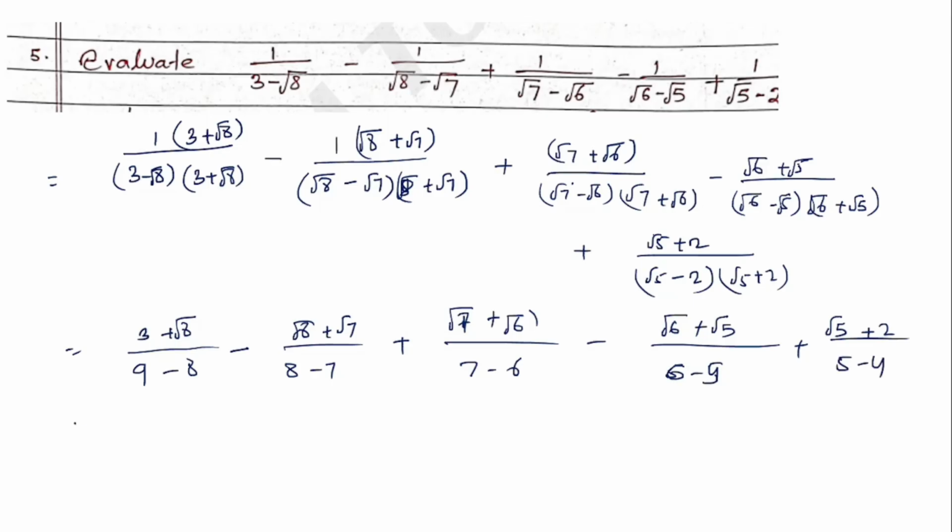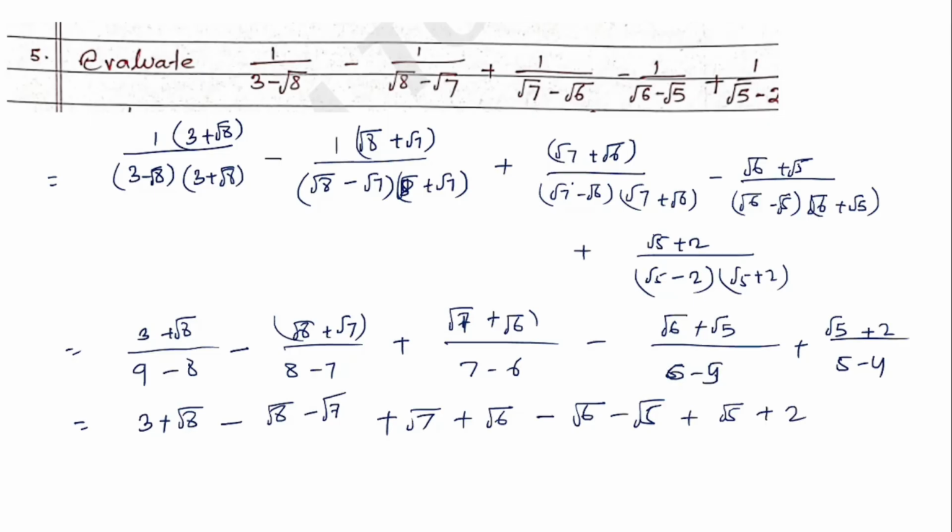Okay, now 3 plus root 8 minus root 8 minus root 7, minus means multiply both numbers, yes or no, plus root 7 plus root 6 minus root 6 minus root 5 plus root 5 plus 2, and the denominators are all 1, because 9 minus 8 is 1, 8 minus 7 is 1, 7 minus 6 is 1.